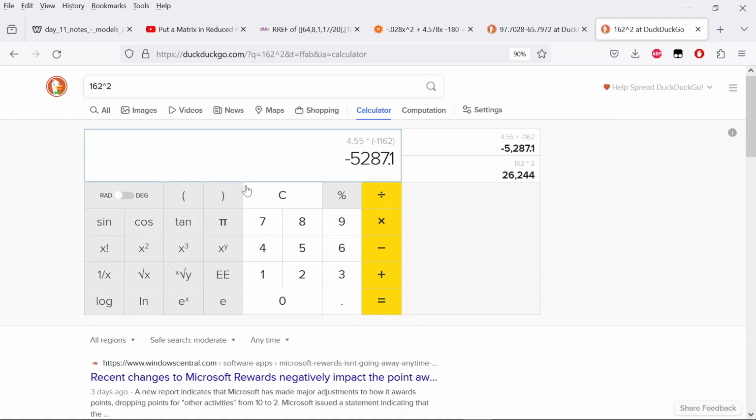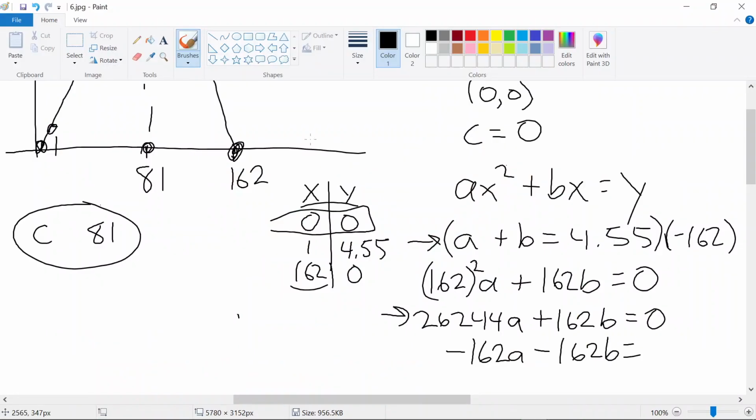Wait a minute, that doesn't seem right. Negative 162 times 4.55. Yeah, negative 737.1. All right, very good.